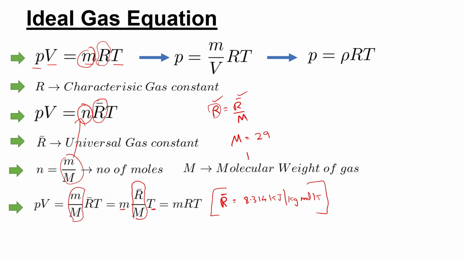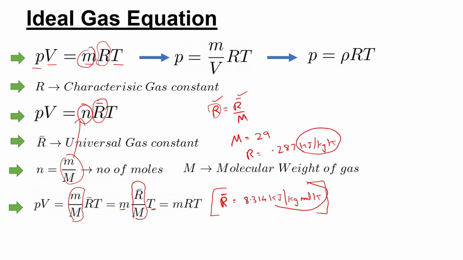So you will get R as 0.287 kilojoule per kilogram Kelvin. Note the units: here it is kilojoule per kilomole, here it is kilojoule per kilogram.